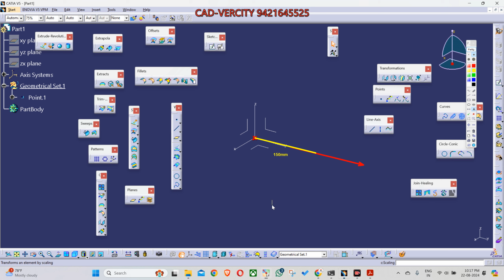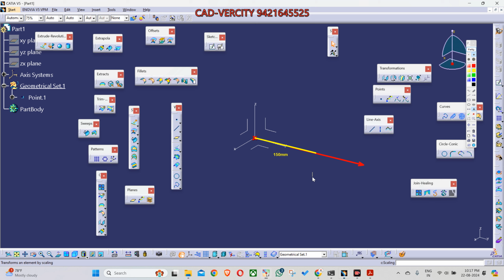So tell me what input we will need to draw this yellow line. Simple logic. Which input we will need? Do we need a start point of the line?